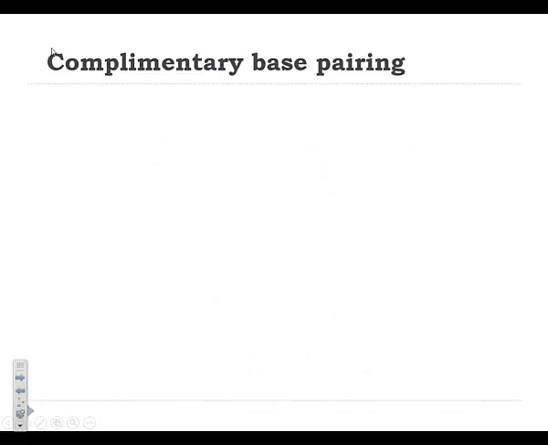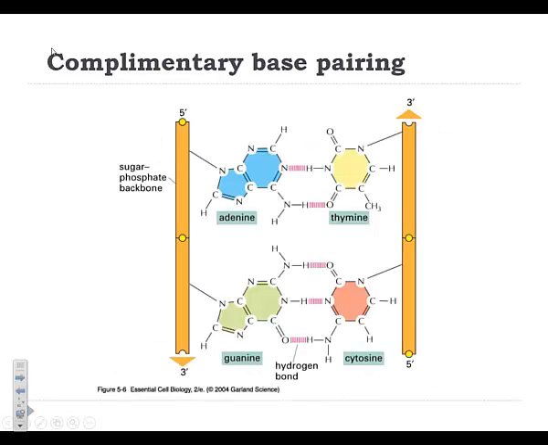So it's between the nitrogen group and the hydrogen groups on the adenine and the oxygen and the hydrogen on the thymine. You get those 2 bonds because of the way that they're oriented. So this is where you'd find the phosphate bonds that link each of these bases.